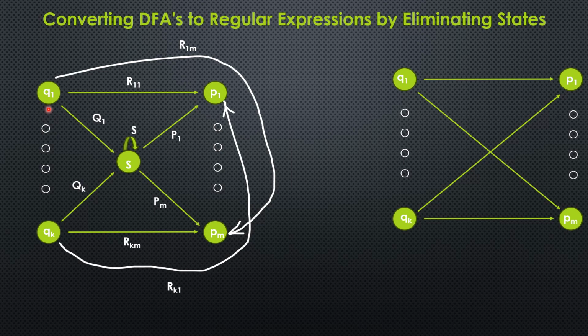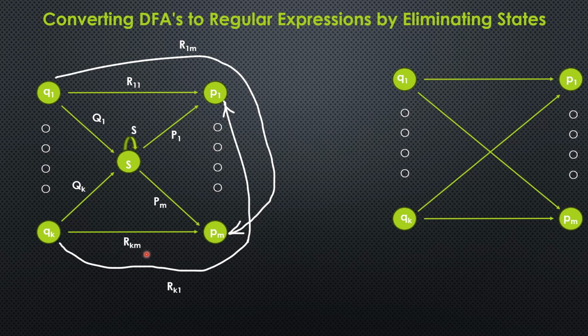If there is a transition from Q's to P's not through S, then say the transition is R. So this R11 represents the first state of Q and the first state of P. Similarly, the kth state of Q and the mth state of P is represented as RKM.